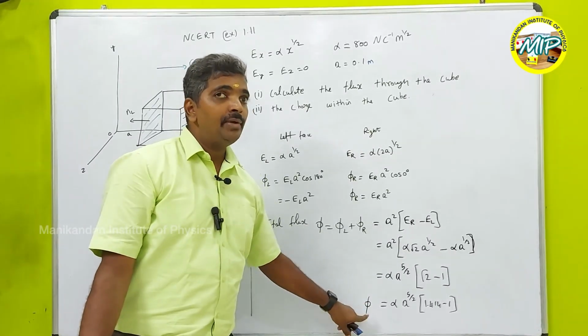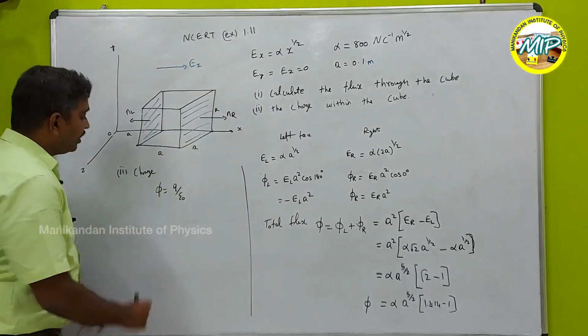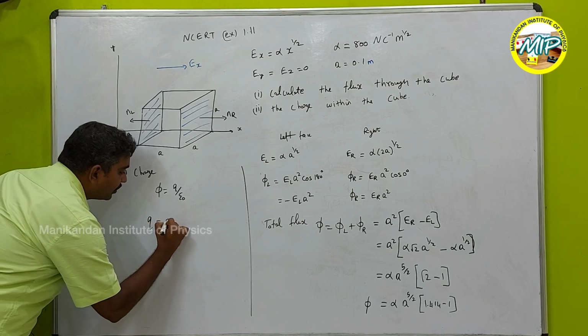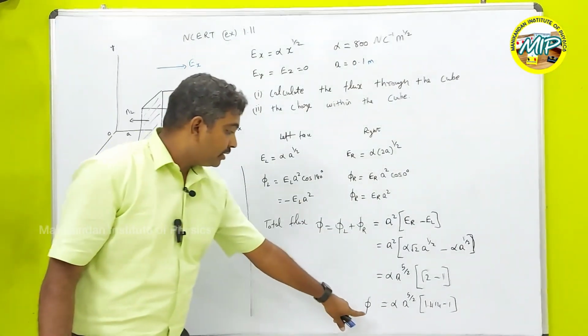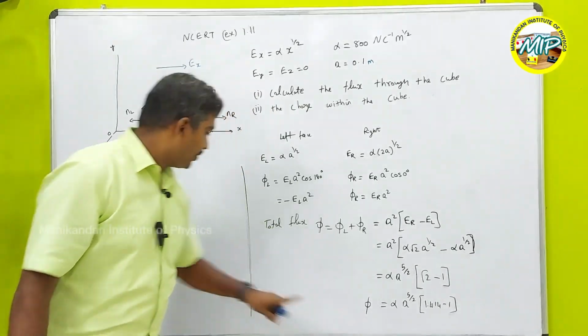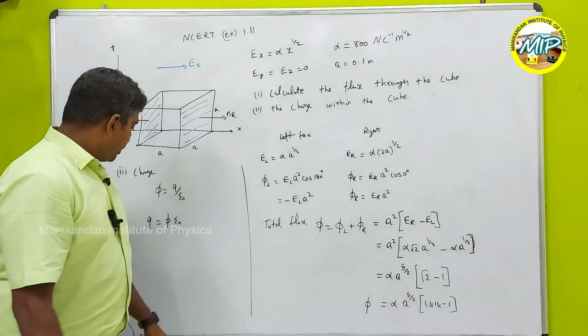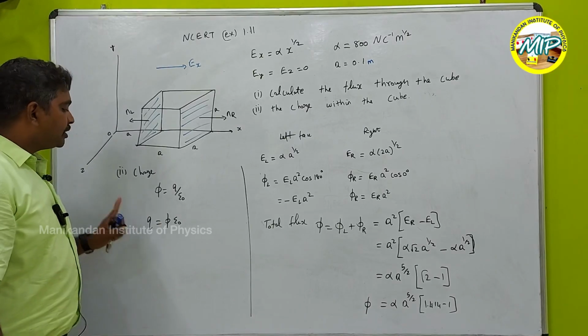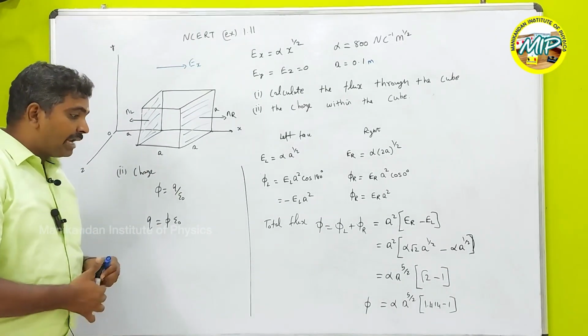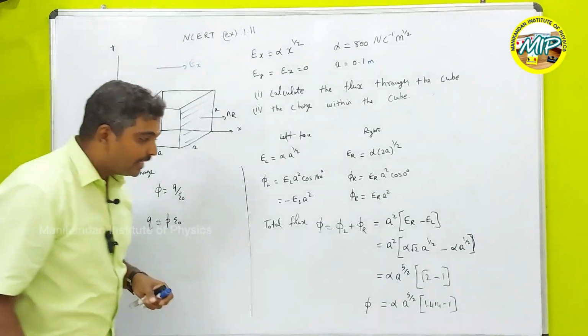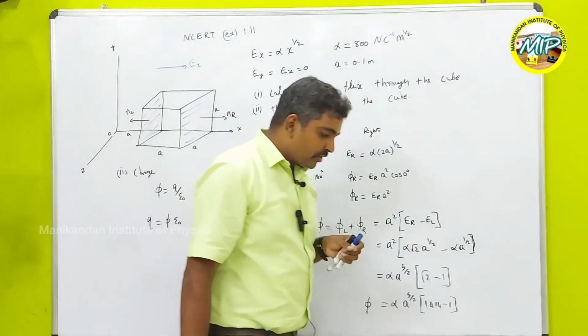This is a non-zero value. If I substitute this flux value here, then I can simply write q equals phi times epsilon naught. Just substitute this value here, then you are able to find the charge enclosed by the cube. I just leave this calculation as homework. So I just stop at this point.